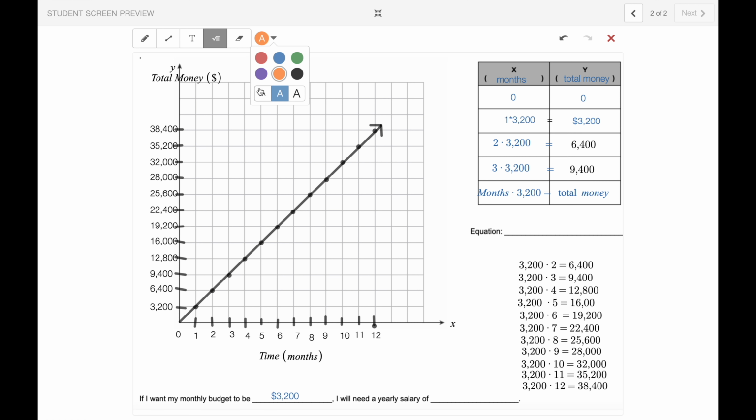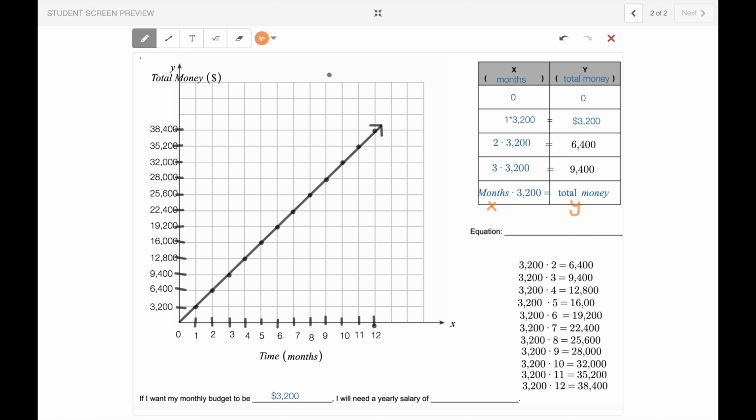You just wrote it. The only thing is that an equation needs to have letters in it. So what letter were we using to represent months? X. And what letter were we using to represent total money?